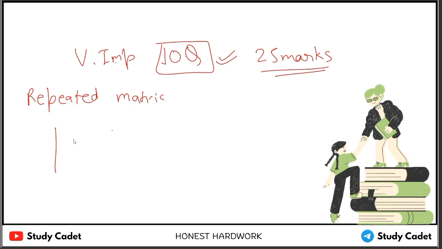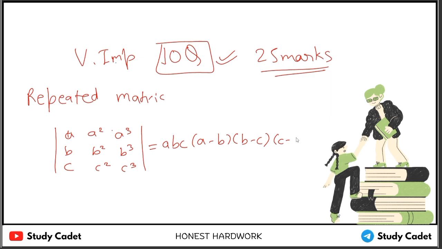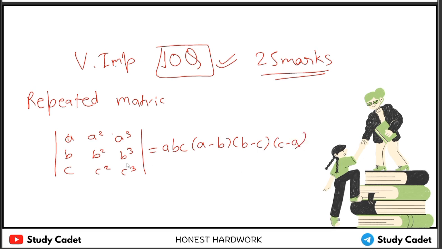Like if I talk about the determinant 1, a square, a cube, b square, b cube, c square, c cube, you should learn its value, that is abc times (a minus b)(b minus c)(c minus a). There are so many of these kinds of matrices.